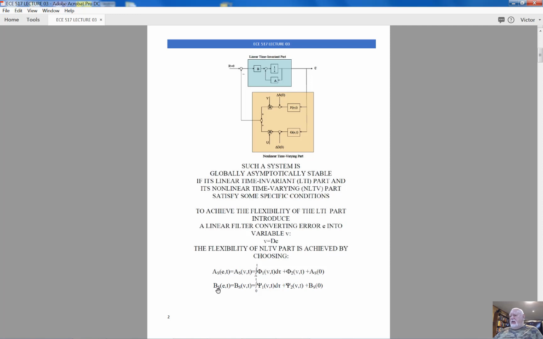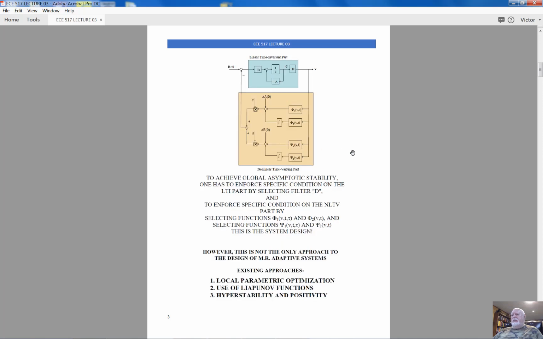And for matrix B, it should be the integral of some vector matrix function psi1 plus matrix function psi2 plus initial conditions. Don't look for any physical meaning of this definition. This is something that enables us to come up with flexible expressions because we want to bend this nonlinear part to special mathematical requirements.